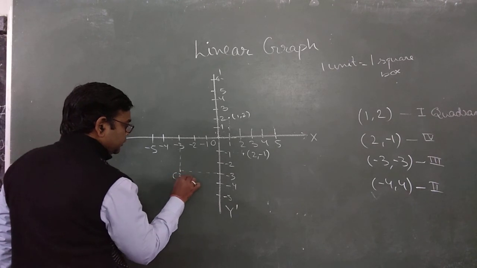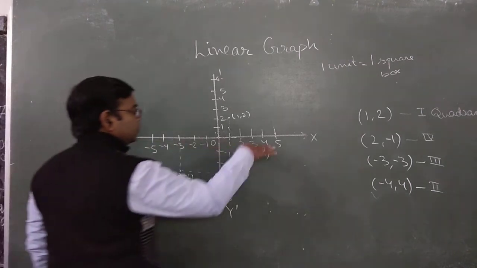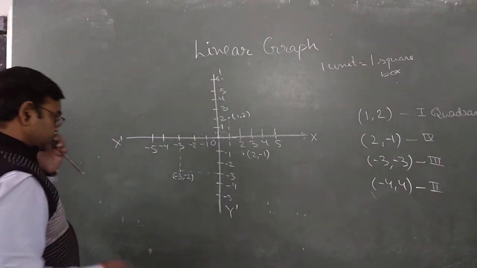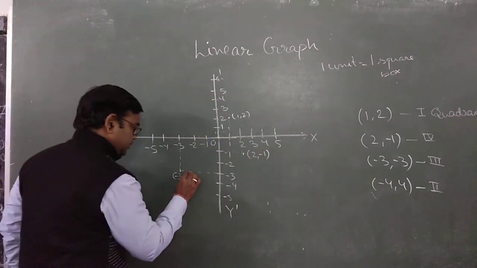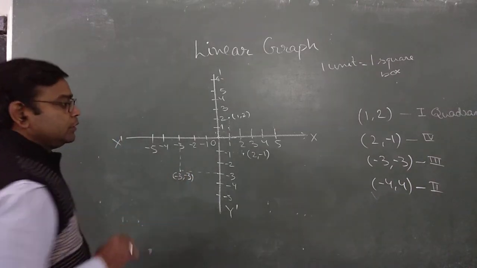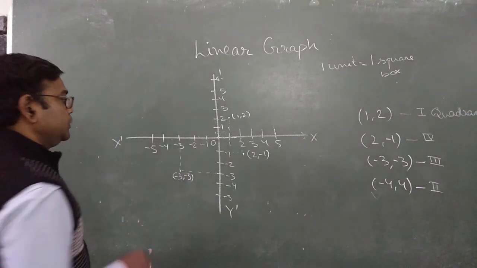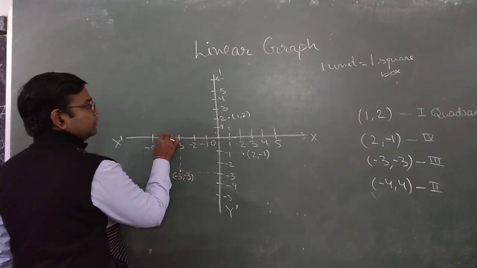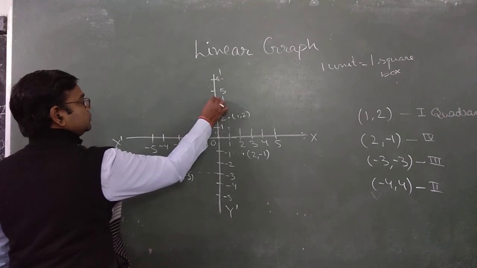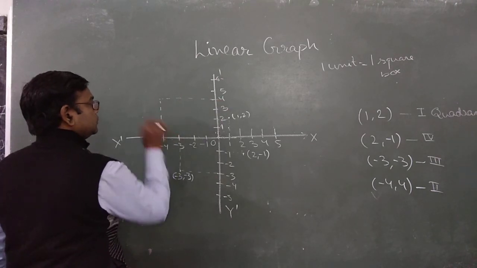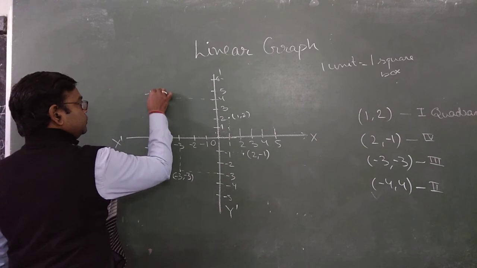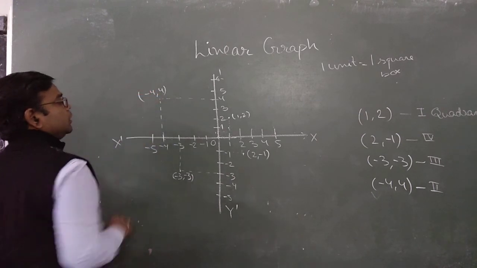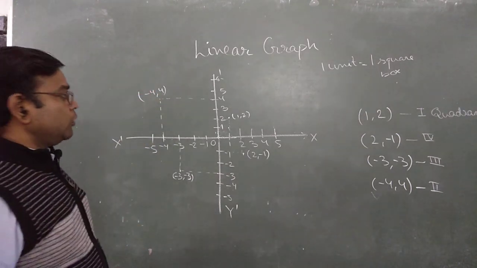Always use a pencil to draw the graph. (-3, -3). Clear? The fourth is in the second quadrant: (-4, 4). Likewise, you have to plot the given ordered pairs.